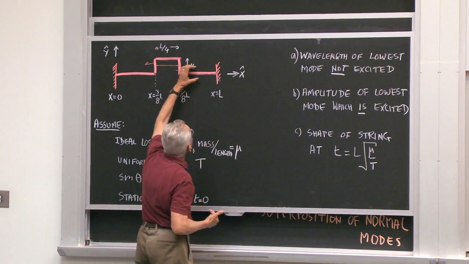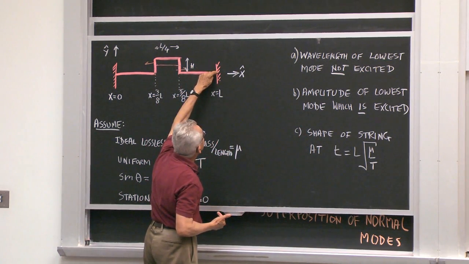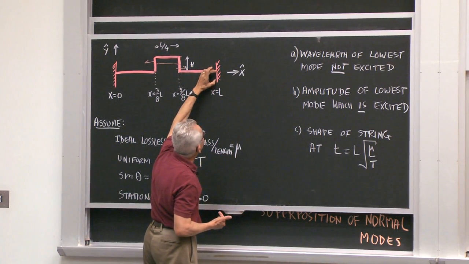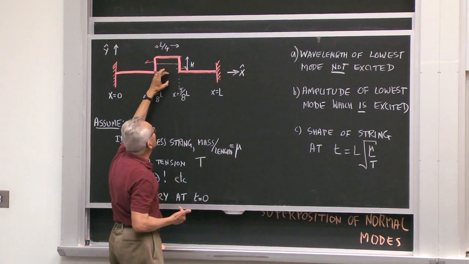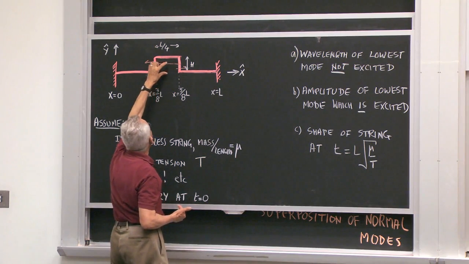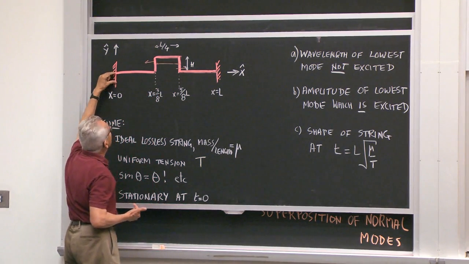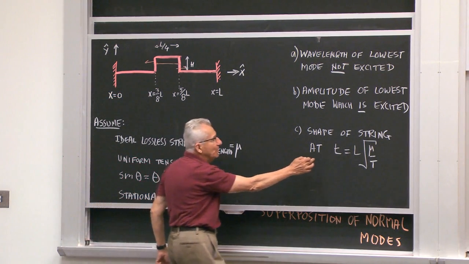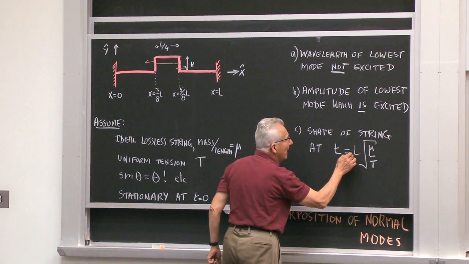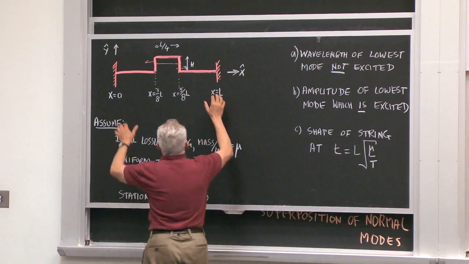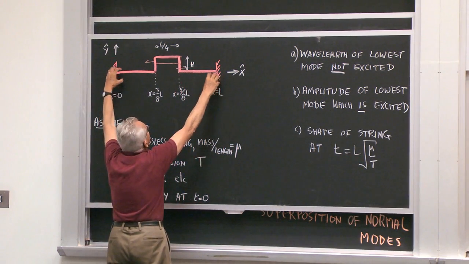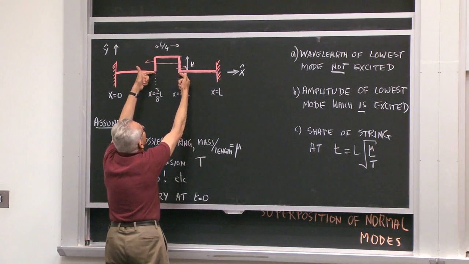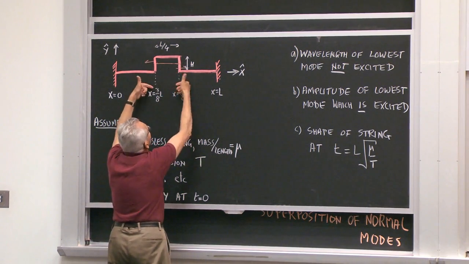So this pulse, when it hits this end, will flip over upside down and then progress this way upside down. This one will go to this end, flip over, and progress back. By the time t has changed by L over the velocity, those flipped pulses would have come back here and overlapped, but upside down, and so this would have flipped.